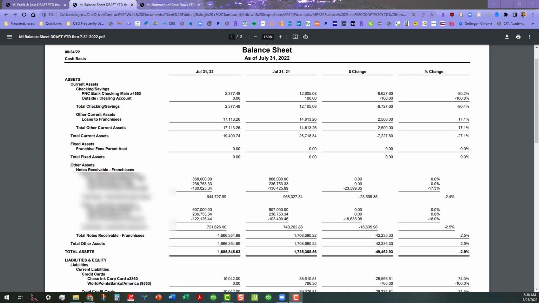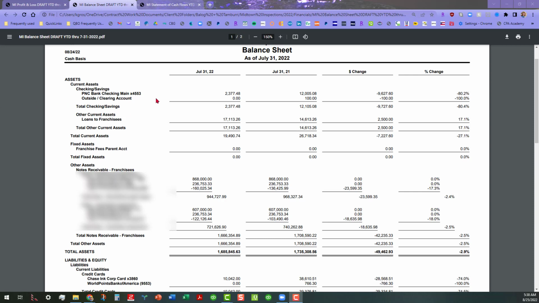Looking at our balance sheet, from our profit and loss, we saw that we had over $100 and something thousand in revenues or income.